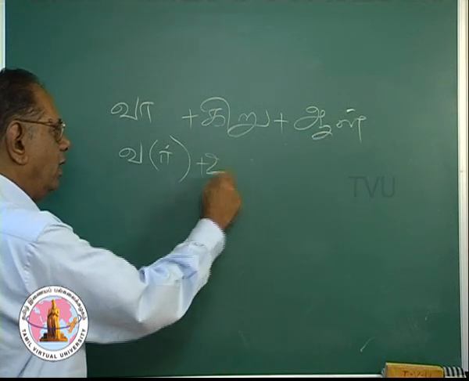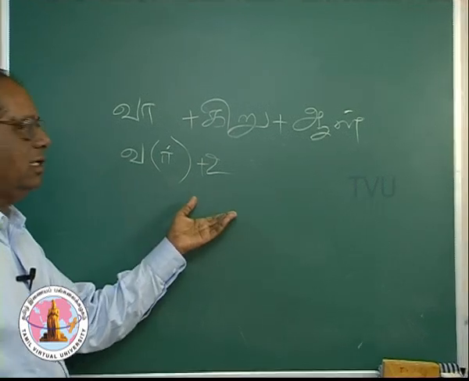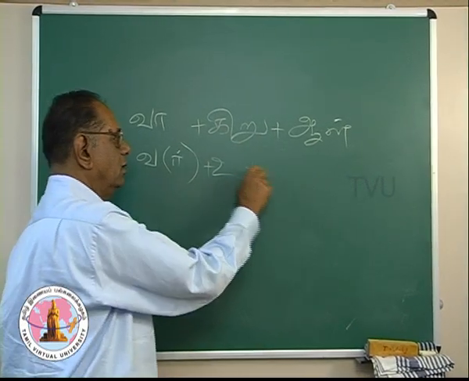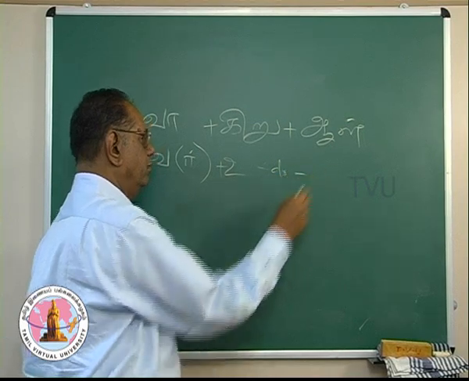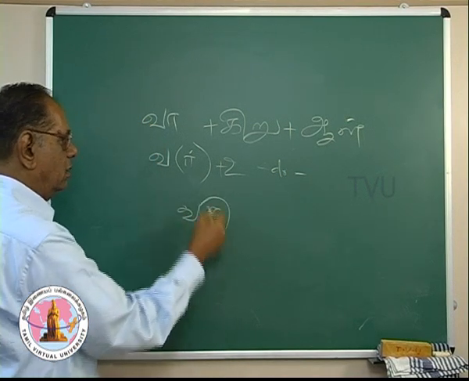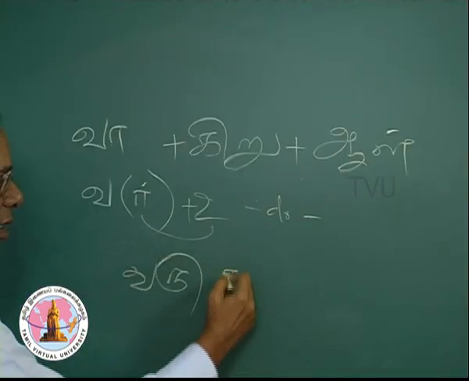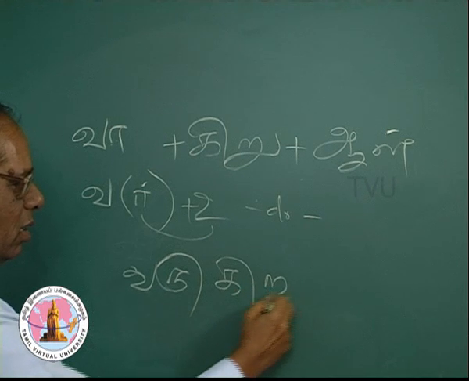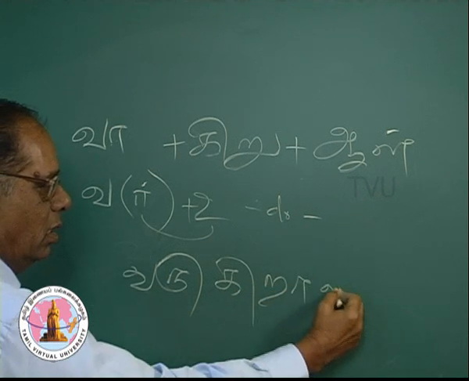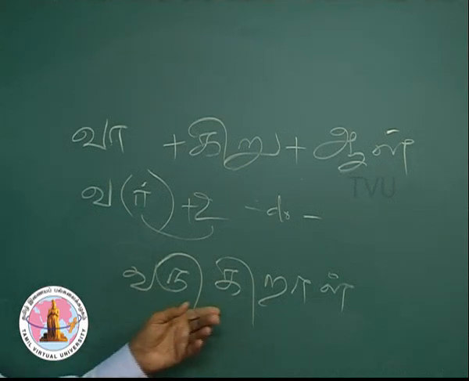Again, a vowel which enables it to be pronounced easily, and the whole thing remains the same. So what happens? R plus U, ru, si, ra, al. Varugiral.